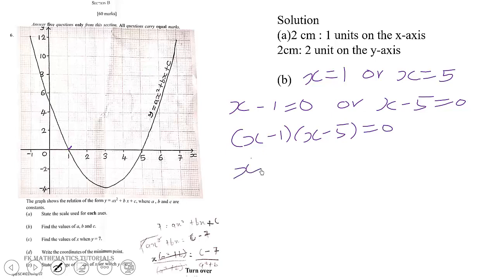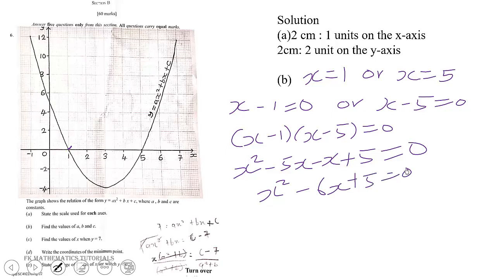So x times x is x squared, and x times minus 5 gives minus 5x, then minus x, and plus 5, equals 0. Now when you simplify this, you get your trinomial x squared minus 6x plus 5 is equal to 0. This is the quadratic equation.